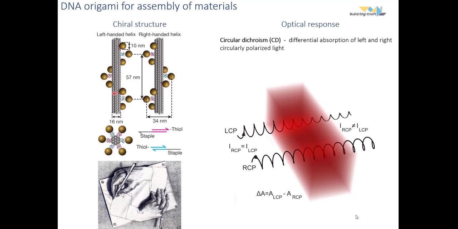Chiral objects usually have quite interesting optical properties, so they can interact with left or right circularly polarized light in a different manner. You don't need to remember too much about it. It's just that if you have a chiral object which is right-handed, it's going to have different optical properties than if you have a chiral object which is left-handed.